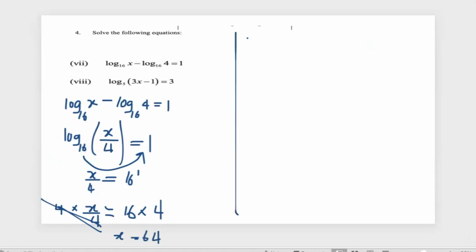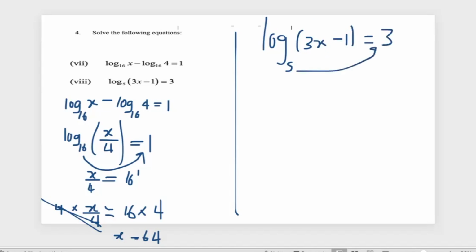Now the final one we have here for solving, we have log base 5 of 3x, take away 1, equal 3. So write in exponential form. So we're going to have 3x take away 1 equal 5 to the power 3. 5 to the 3 is 125.